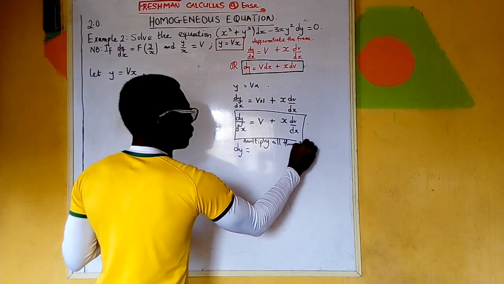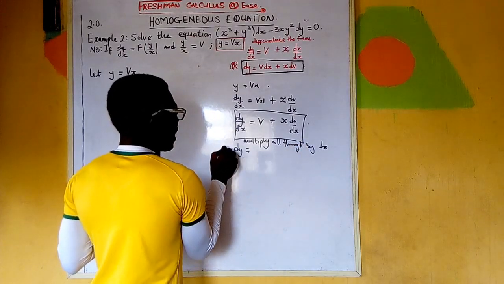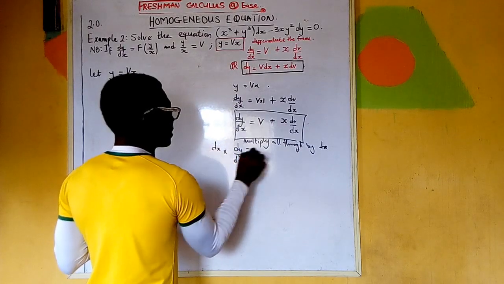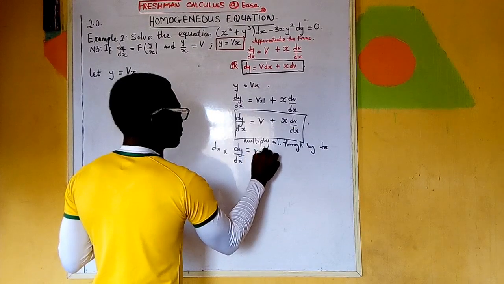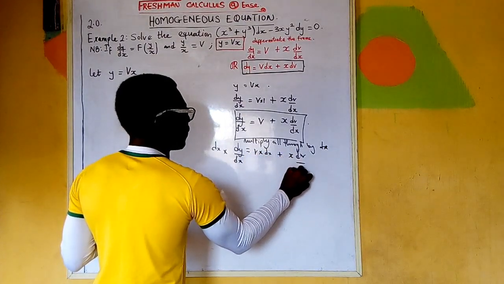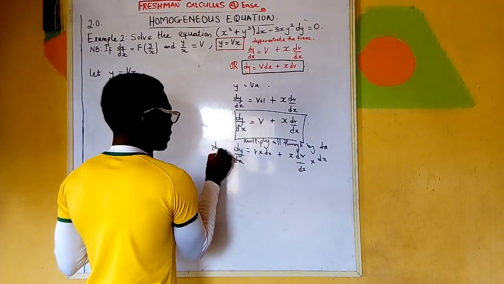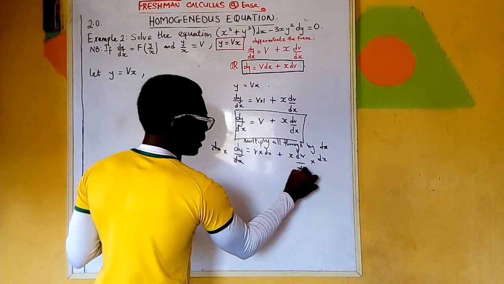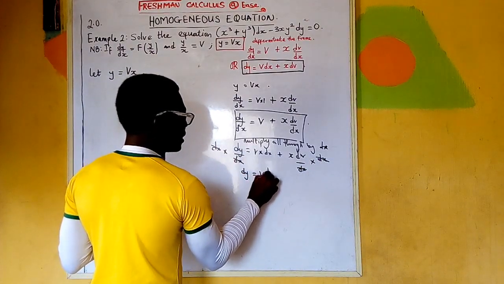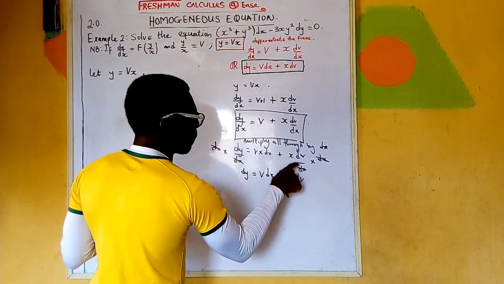Multiply all through by dx, and this simply means I have dy/dx times dx, and you have v times dx plus x dv over dx times dx. So this cancels out, and this cancels out. I have dy is equal to v dx plus x dv, and that is all.